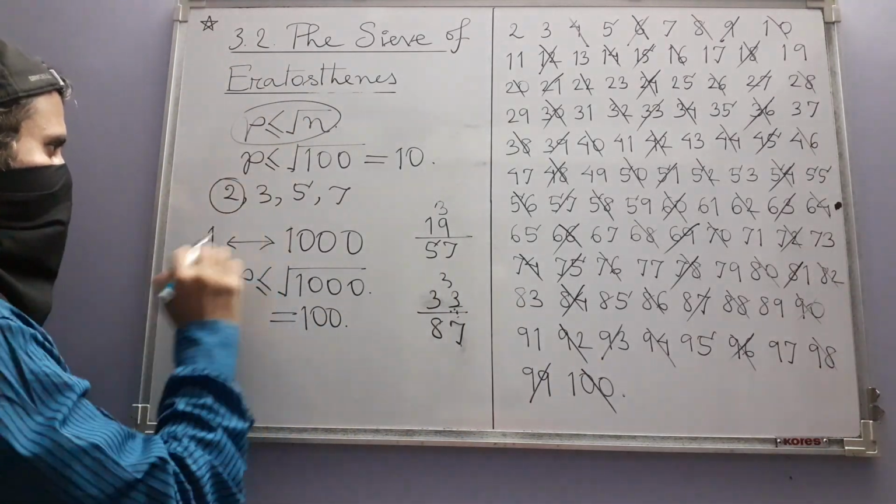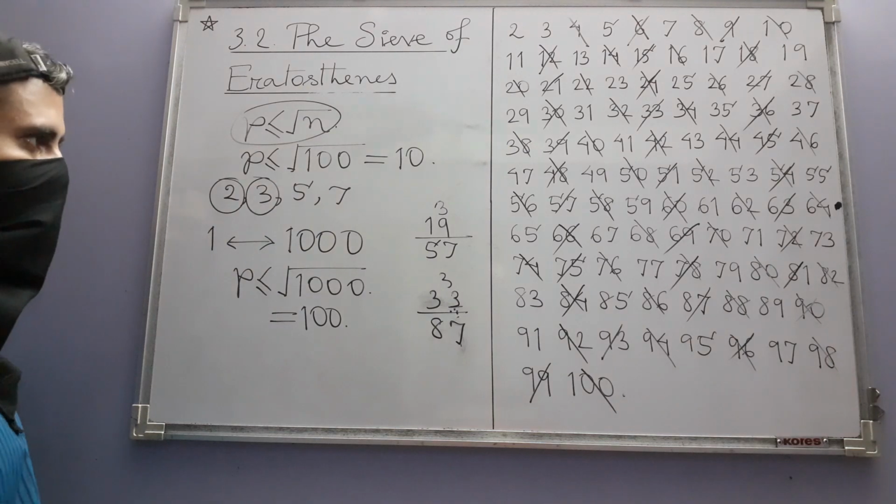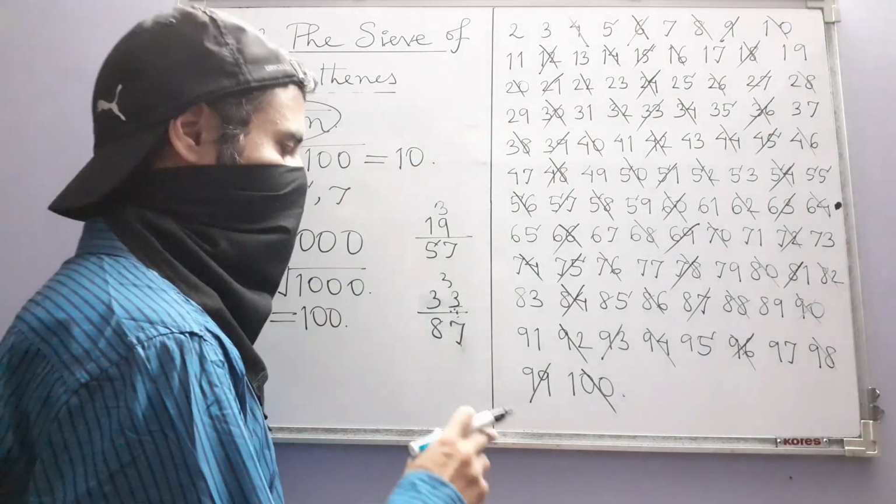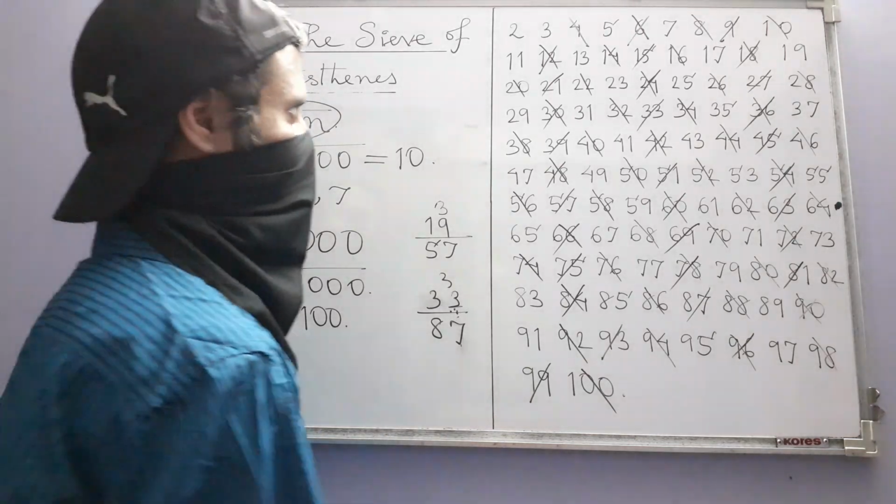So we have struck out the multiples of 2 and 3 in this way. So next comes 5. 5 is very easy. Multiples of 5 are very easy.